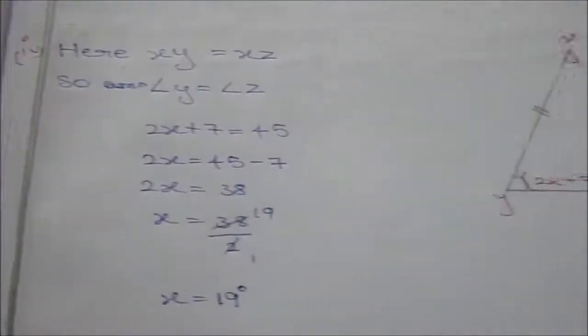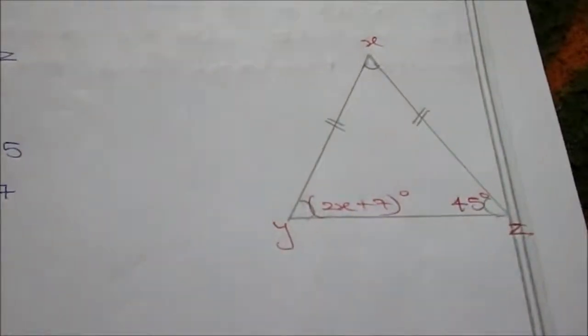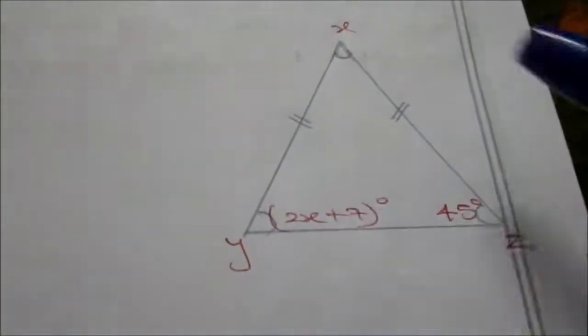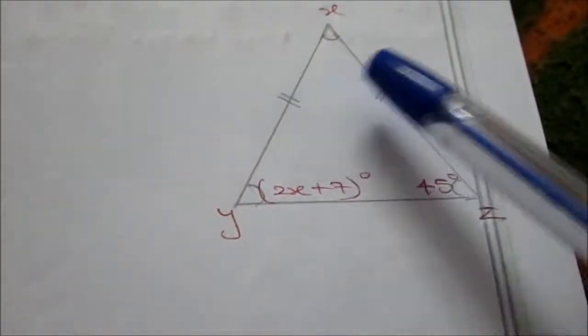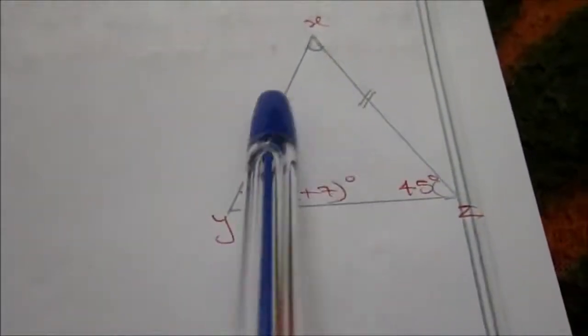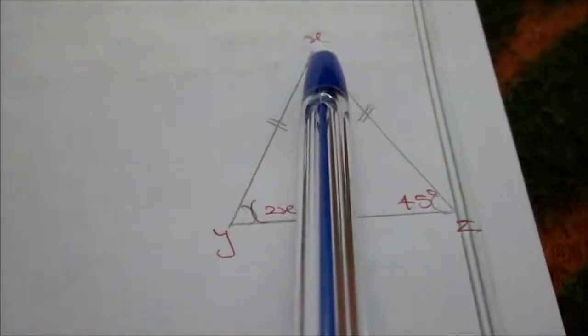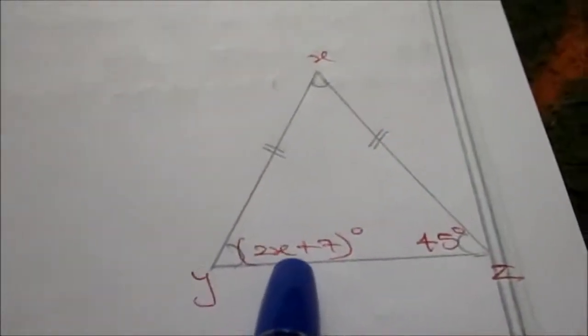Fourth bit, this is the given triangle XYZ. Here, see these lines. That means these two sides are equal. So the given triangle is an isosceles triangle.